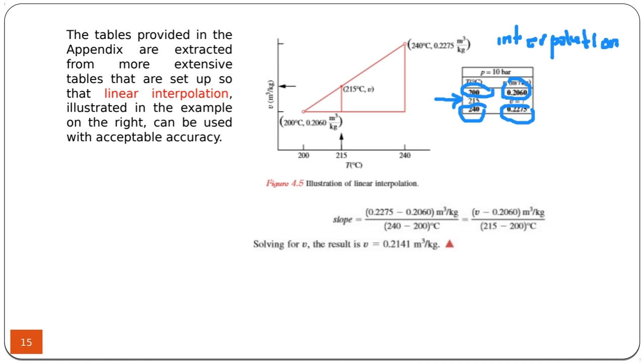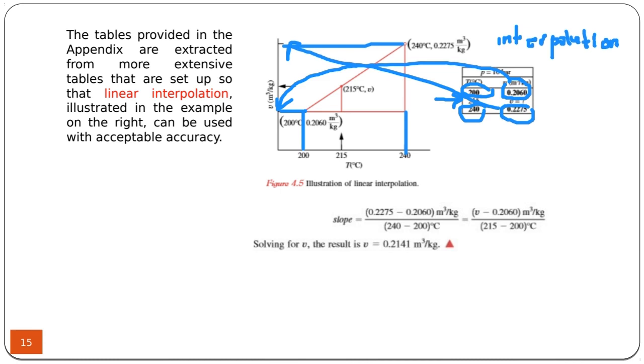So we have a linear variation between 200 Celsius and 240 Celsius, and the corresponding values are 0.206 and the other value is this one. But you are interested in finding the value for 215.